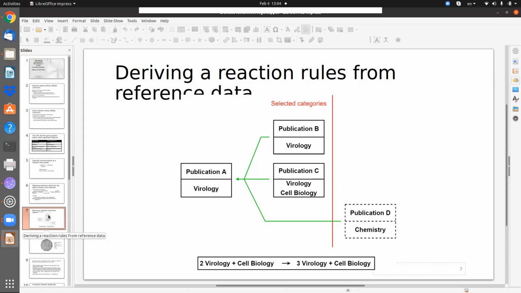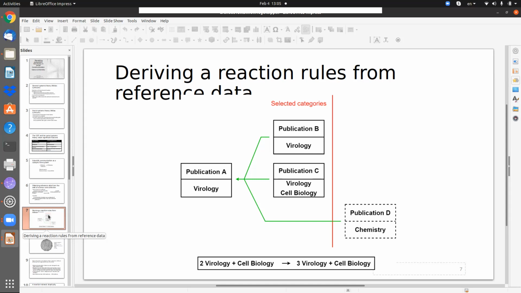So maybe they would implement knowledge on viruses and how they infect cells, and utilize a method from chemistry to get some new knowledge about biology. And there we would end up with the reaction rule here, that 2 virology plus cell biology in this case led to 3 virology and 1 cell biology.